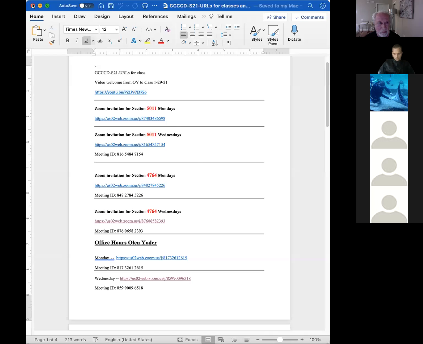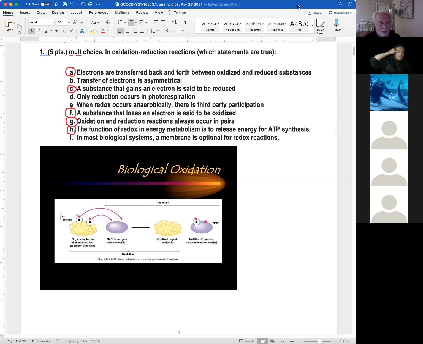Is share my screen with you and go over test 3. Now I think you can see it.